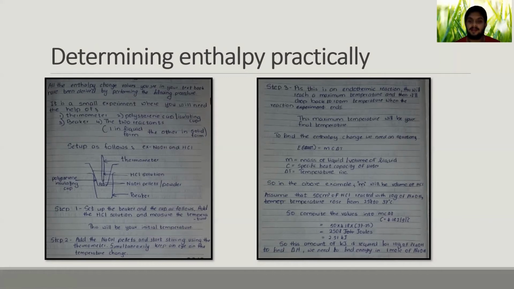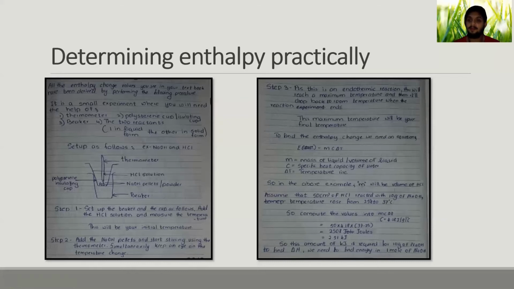And then we have delta T, where delta means change, as I said earlier, and T is the temperature. We plug in all the numbers that we want, and then we are able to find the energy.